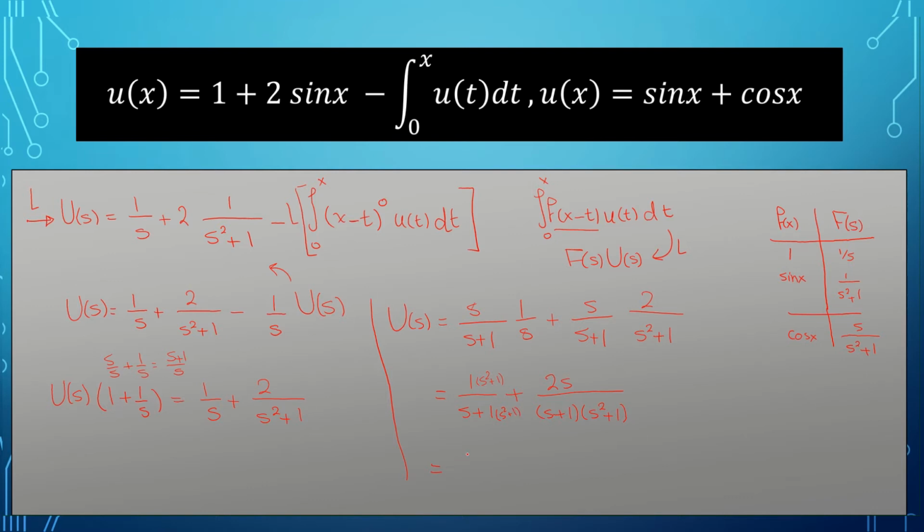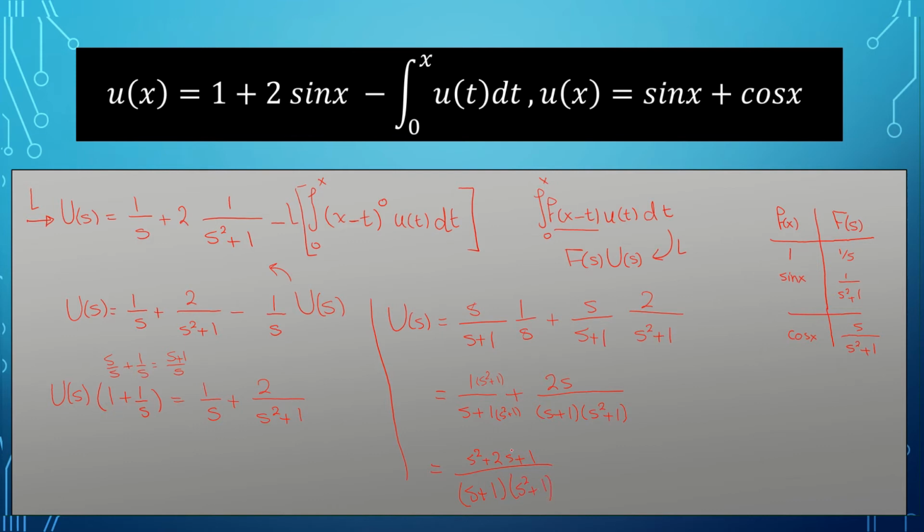Okay, so that will give us (s squared plus 1) plus 2s plus 1 over s plus 1, multiplied by s squared plus 1.